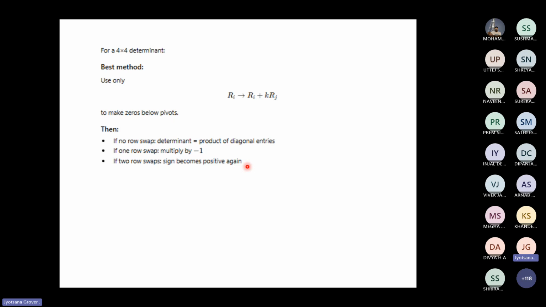So basically, a positive determinant signifies that the linear transformation preserves the orientation of the space. The geometric interpretation is this: a positive determinant means the transformation does not flip the space. That means it is only stretching.